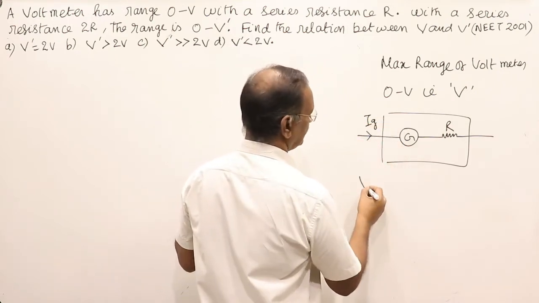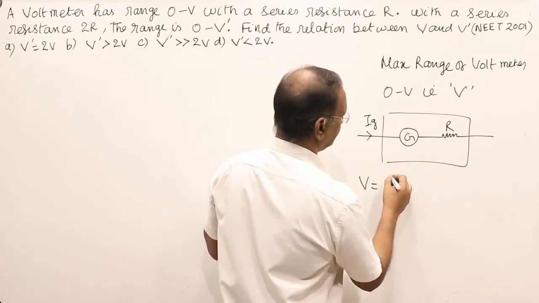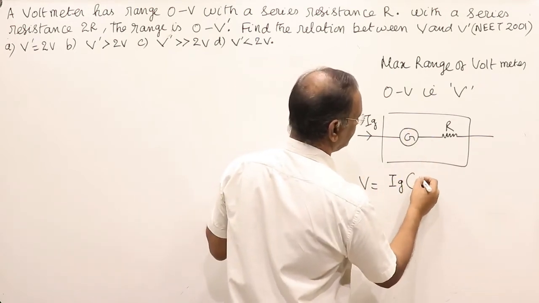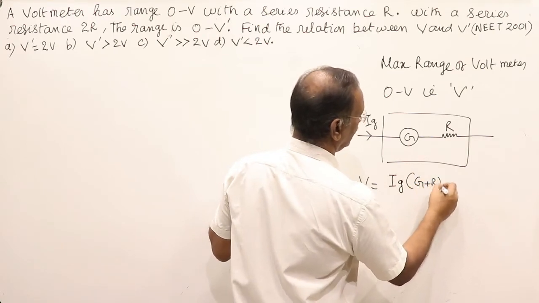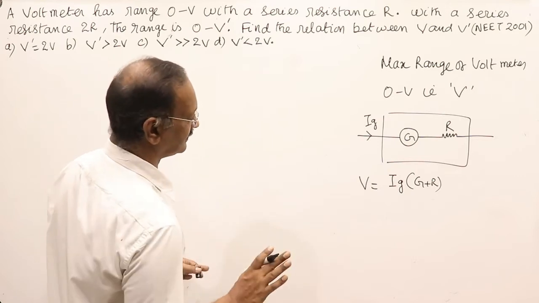Therefore, its maximum range V is equal to the potential across this, that is Ig into resistance G plus R. This is the first equation: V is equal to Ig into G plus R.